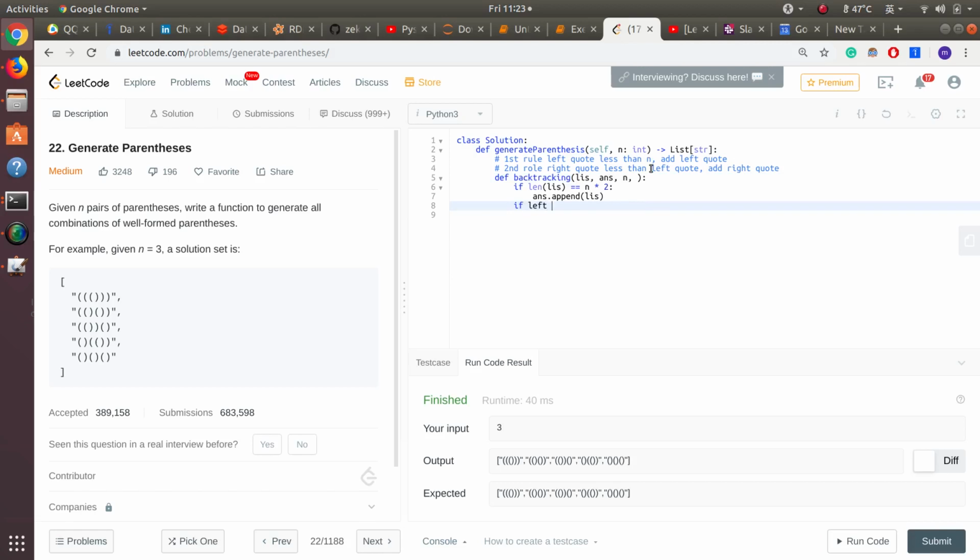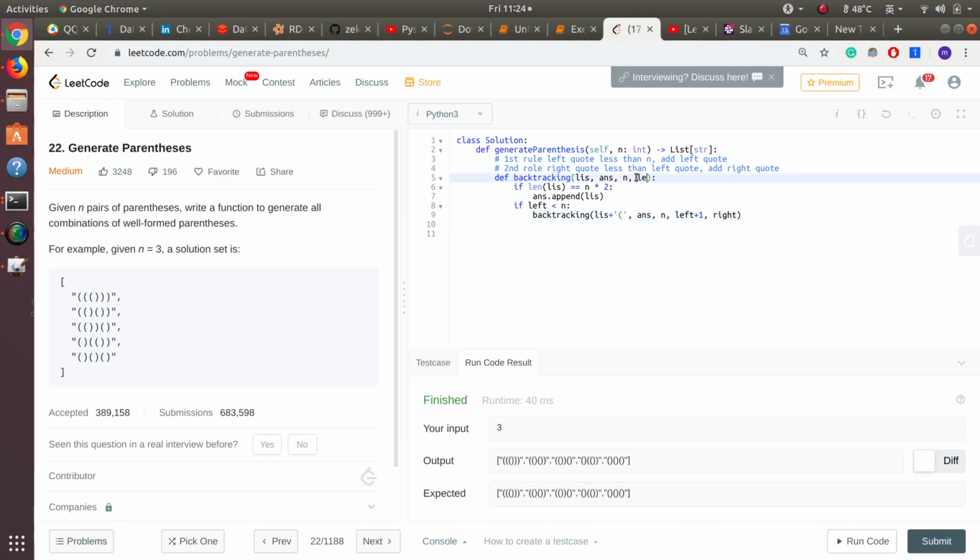If left is less than n, then we backtrack to add left, which means the list equals this list plus the left quote. Then answer, then n, and then left plus 1, and right didn't change.